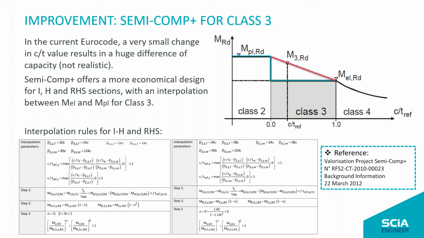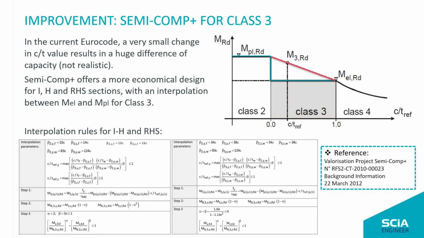So what they proposed, in red, very simplified, a straight line. In reality, it's some nice interpolation curve. It's an interpolation between the elastic and the plastic moment for class 3. So the closer you are to class 4, the closer your resistance that you can use will be to the elastic resistance, and vice versa.